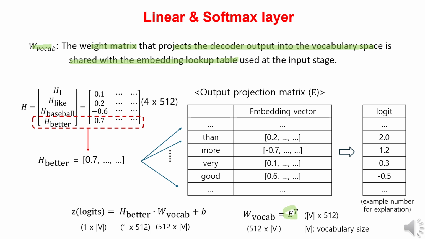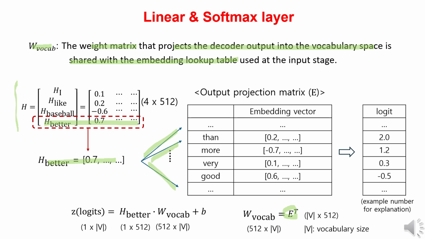Here, H better represents the output vector of the last token, generated by the decoder for the sentence, "I like baseball better." This vector is dotted one by one with the embedding vectors of each word included in the vocabulary.